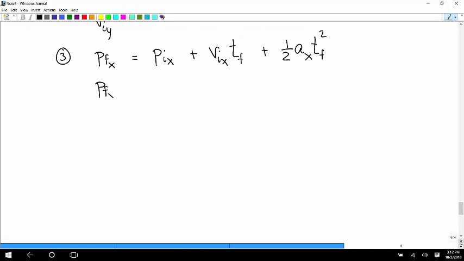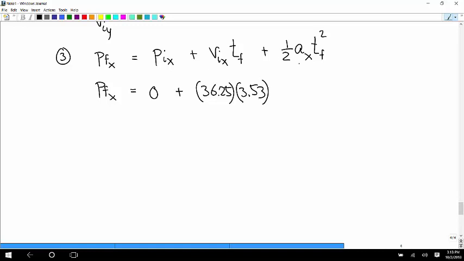So PFX is equal to 0 plus 36.25 times the final time we just calculated, 3.53, plus 1/2 times AX.